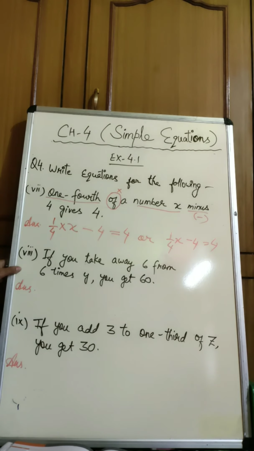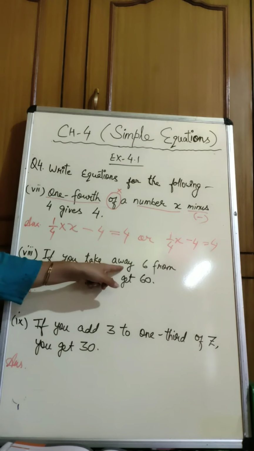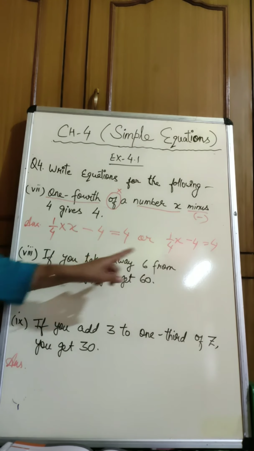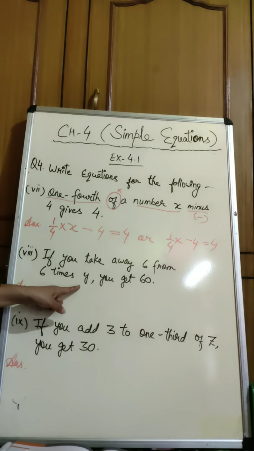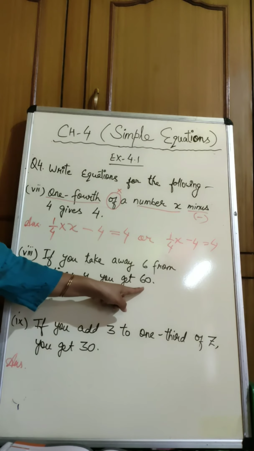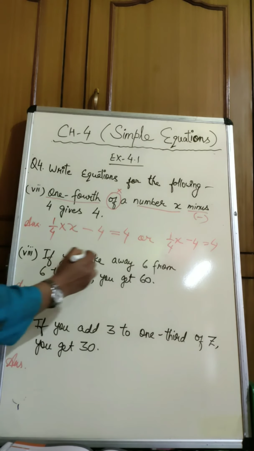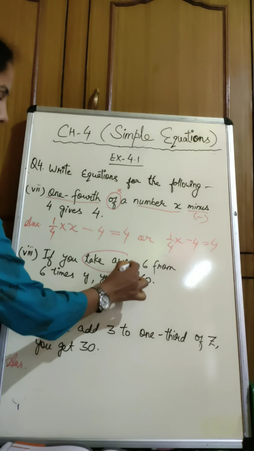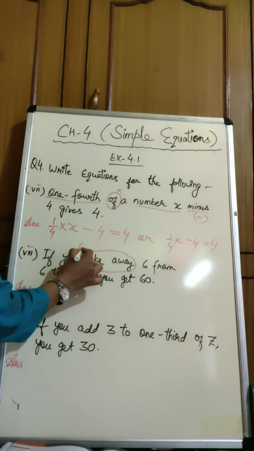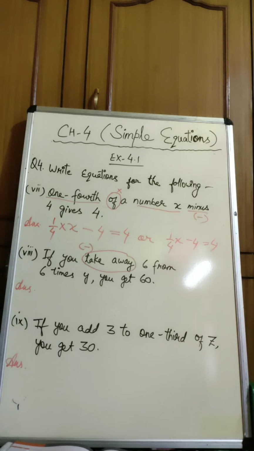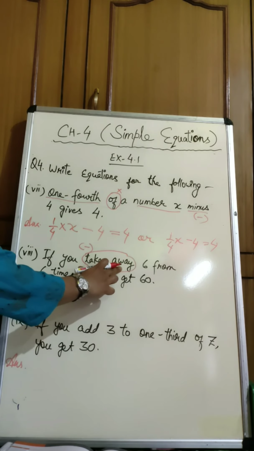Now the next part, the 8th part: if you take away 6 from 6 times y, you get 60. What is the meaning of take away? Take away means minus. How much do we have to take away? 6.